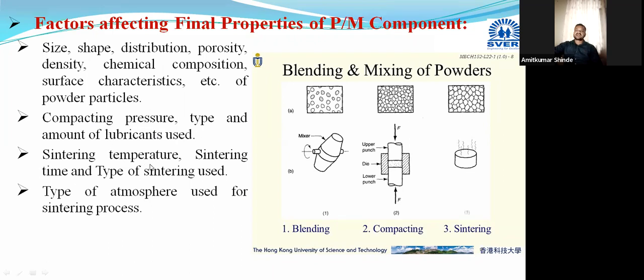Then sintering type, sintering temperature, sintering time, and the atmosphere used in sintering. These parameters affect the final properties of the powder metallurgy component.